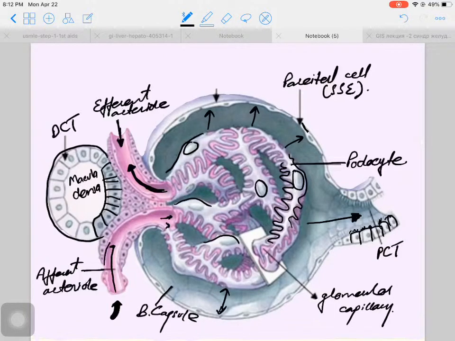In the afferent arteriole, special type of smooth muscles are responsible for the detection of low blood pressure, so they act as a baroreceptor or mechanoreceptor. So they are called the juxtaglomerular cells.